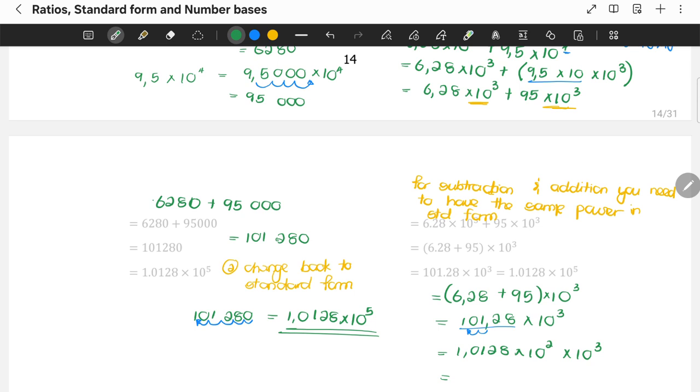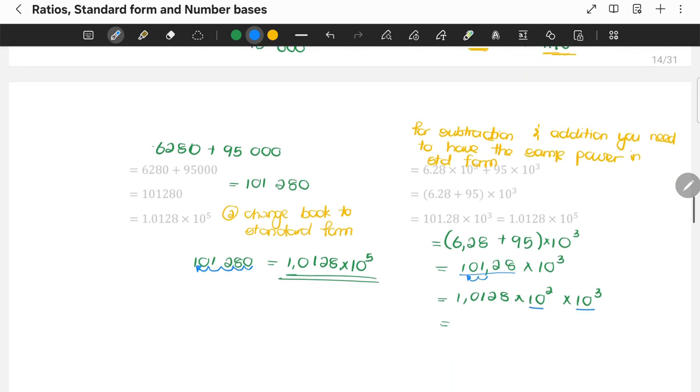And in standard form, if you're going to multiply two numbers with a similar base, so the base in this case is 10, you add the powers. So if similar base numbers are multiplying, add the powers.